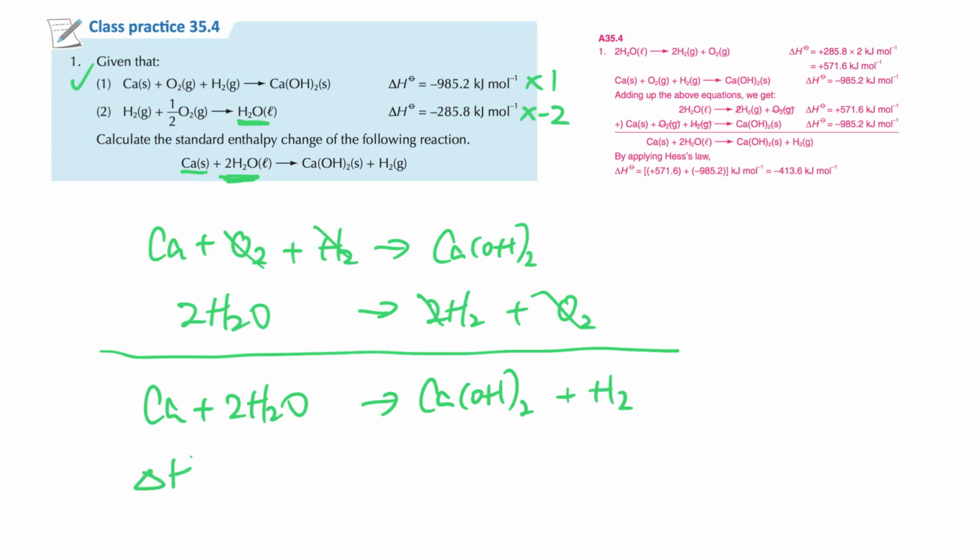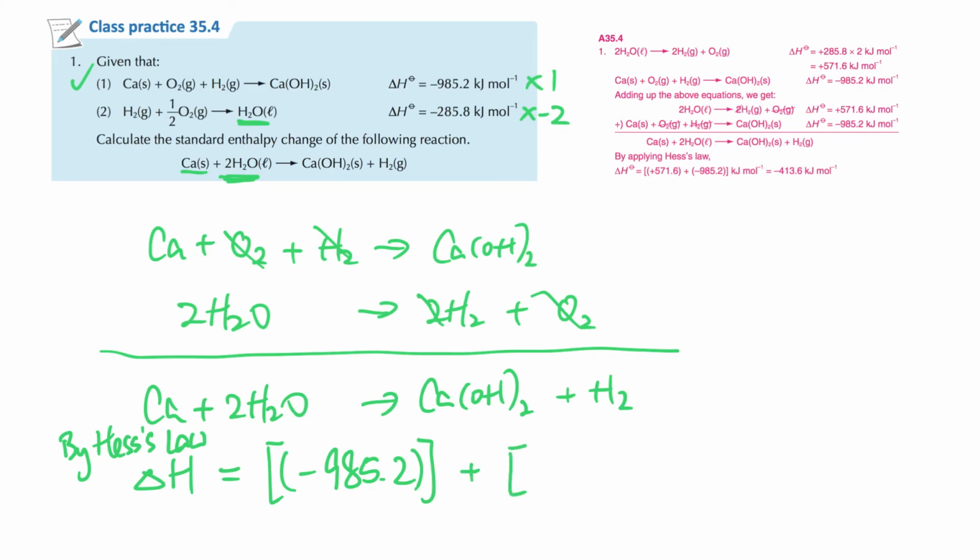So the delta H, remember by Hess's law, the delta H will then equals to negative 985.2, and then plus, remember all the time must be plus in the middle, so it will be negative 285.8 times negative 2, or you can just change the sign to positive 285.8 and then times 2 will be the same.